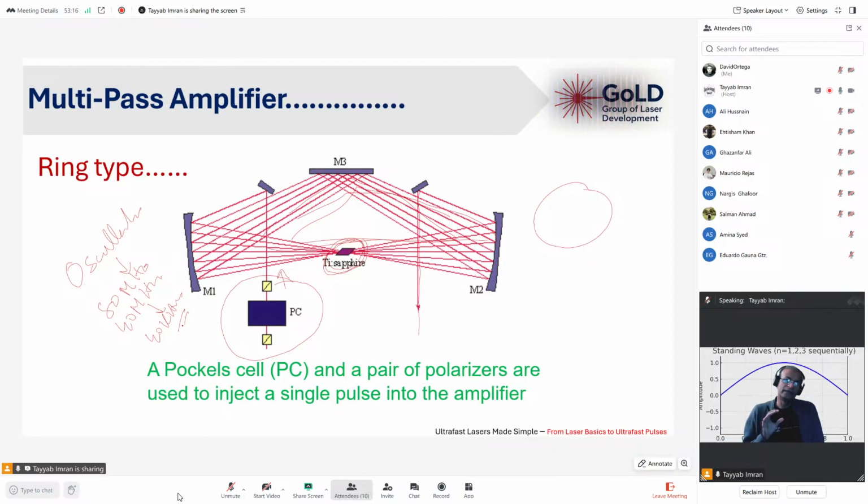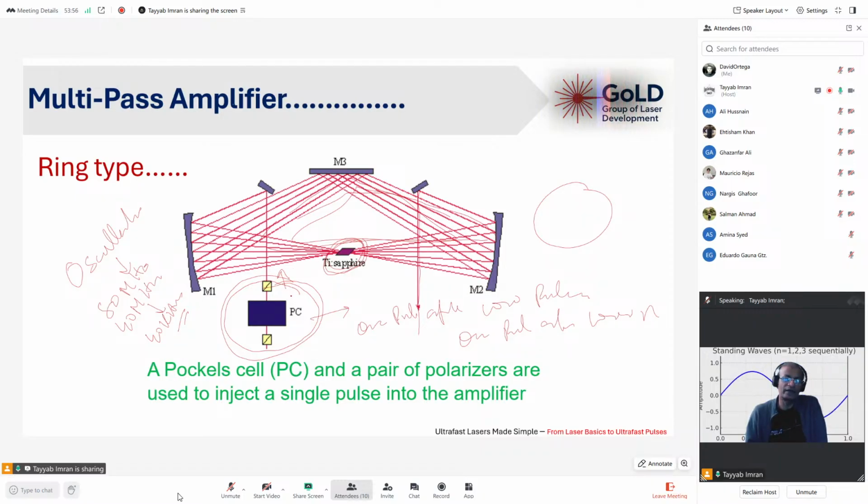So the oscillator generates the pulses with a certain repetition rate. Then we need to select the pulses from these. And we decide, okay, we may need one pulse after 100 pulses, or one pulse after 1000 pulses. To select, you cannot amplify each and every pulse. Okay, remember, you cannot amplify each and every pulse.